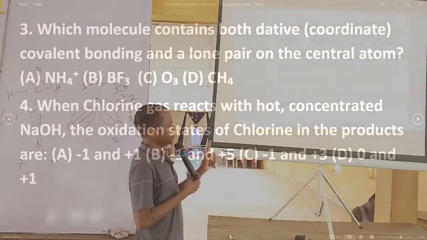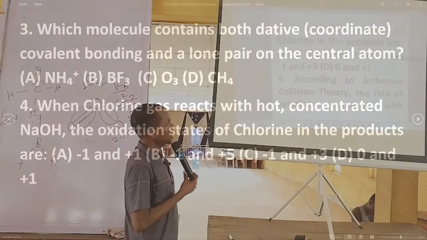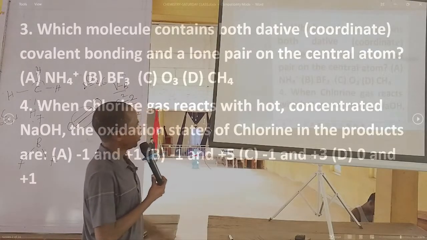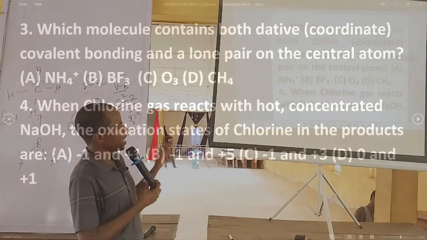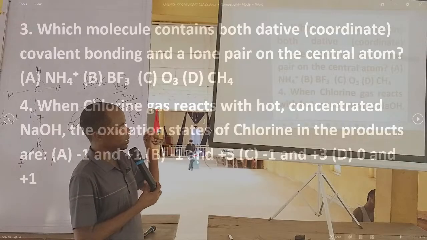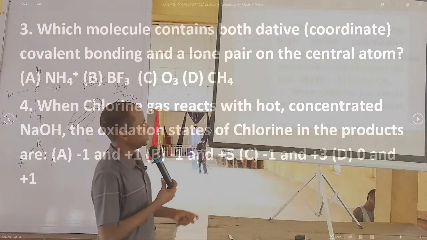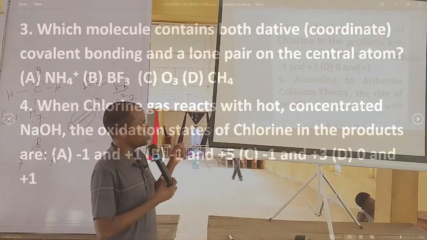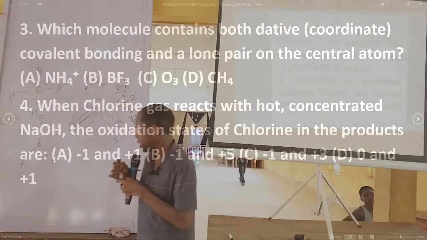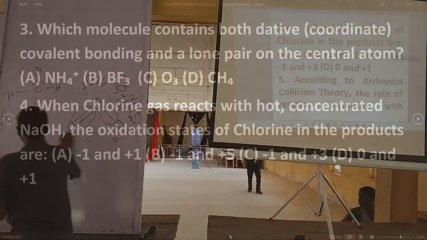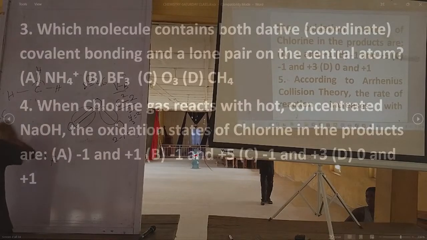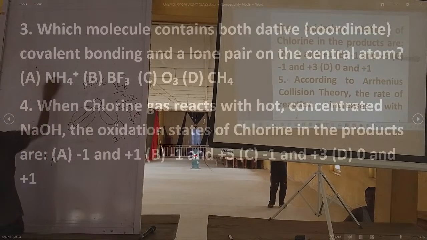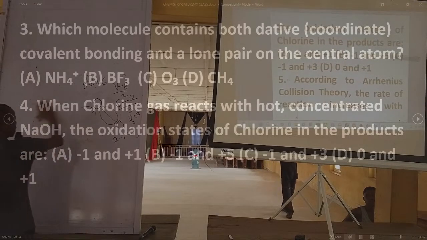The fourth question. Okay, when chlorine gas reacts with hot concentrated NaOH, the oxidation states of chlorine in the products are... all we need to do here is, let's see what the products will be, and then we find out what the oxidation numbers of chlorine are in those compounds.